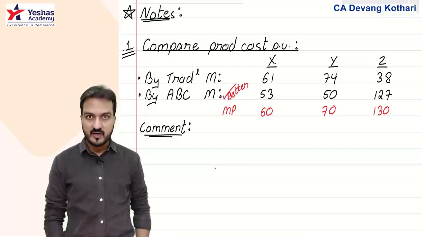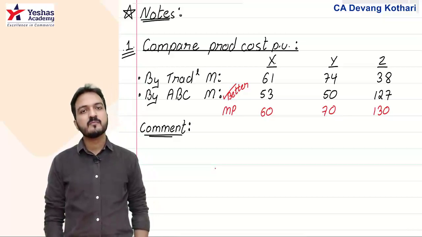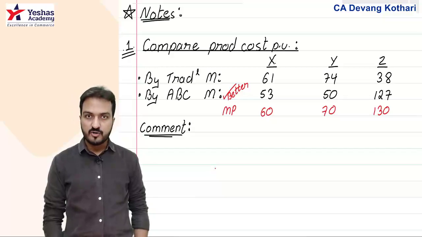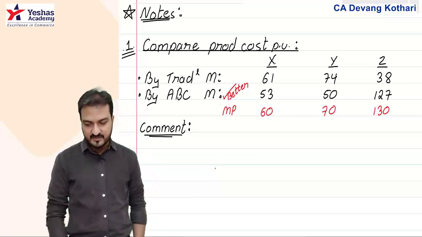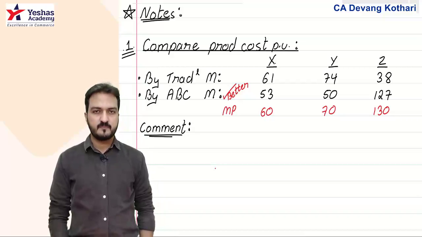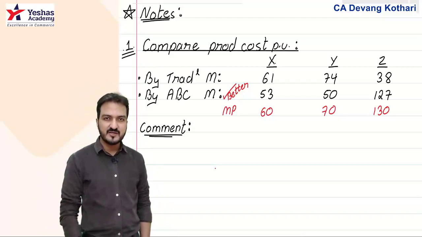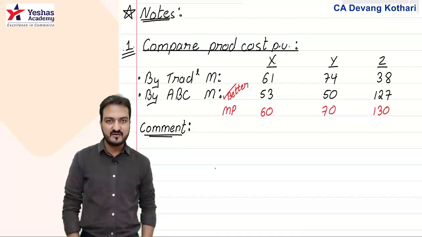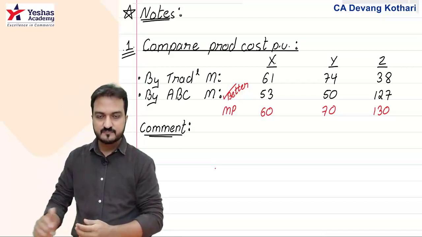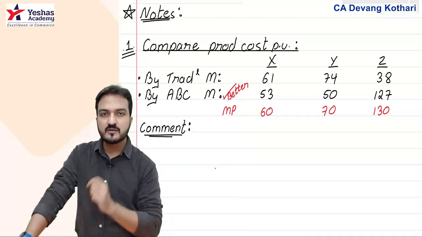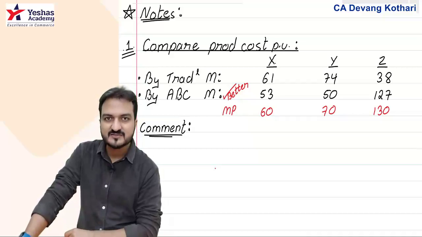ABC method makes us realize that in order to have a real decrease in overheads, we need to try and decrease the cost drivers on which the overheads depend.